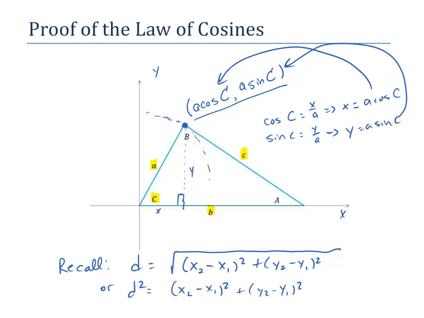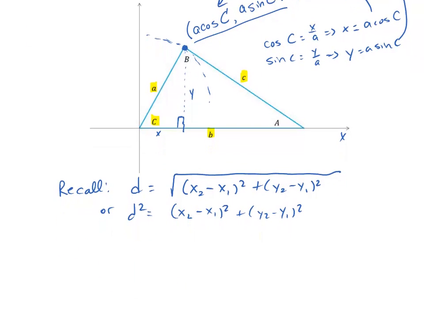So I want to use the distance formula for the distance between this point here and this point here. Now the coordinates of this point are clearly B for x and 0 for y, because it does not go above or below the x-axis.